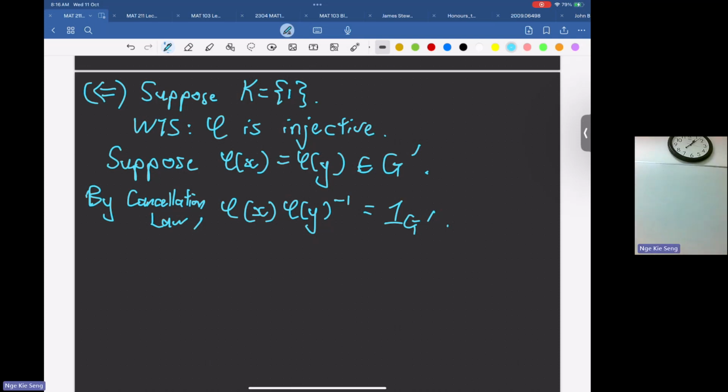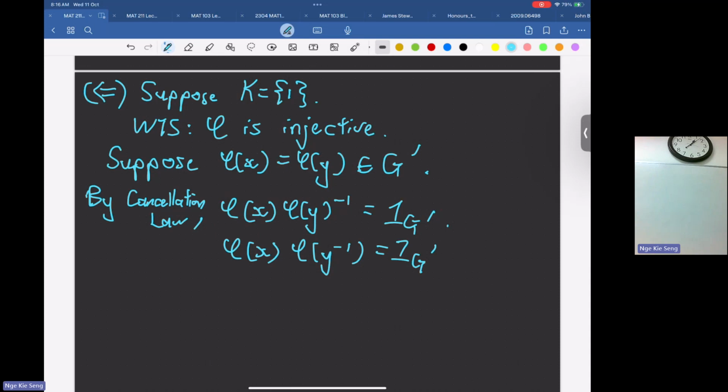What's the next thing we can do? We can combine. Before that, we should move the inverse in first. And then we can combine phi. Why can we combine phi?